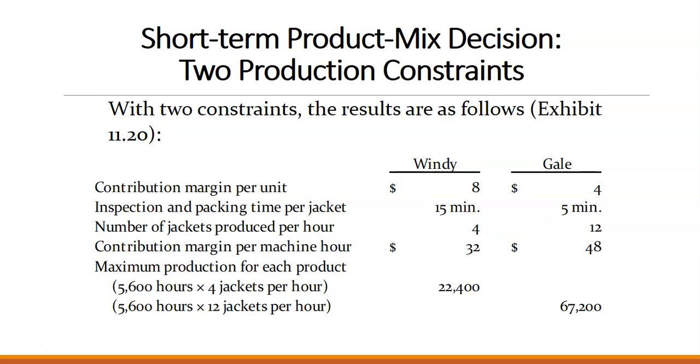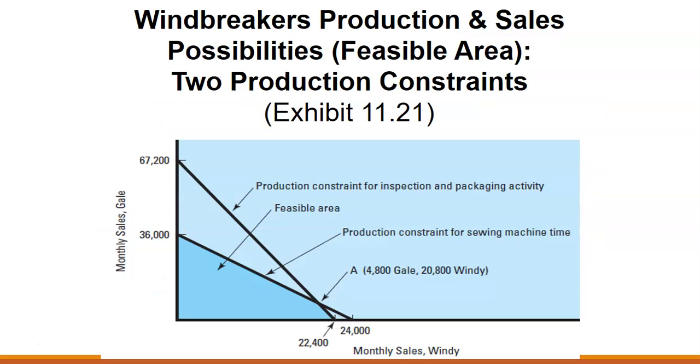So we compare the line for inspections and packaging to the line for the sewing machine. So we have our production constraint for the sewing machine and our production constraint for the inspection and packaging activity. And where they cross is our feasible area. So here we have at 4,800 of the Gale and 2,080 of the Windy is where we cross.